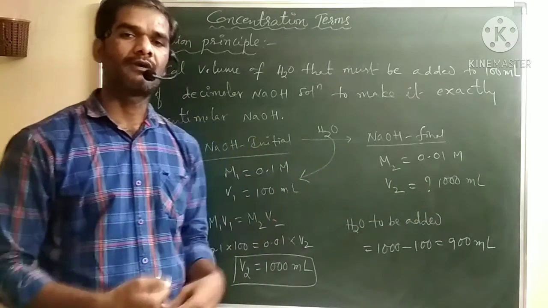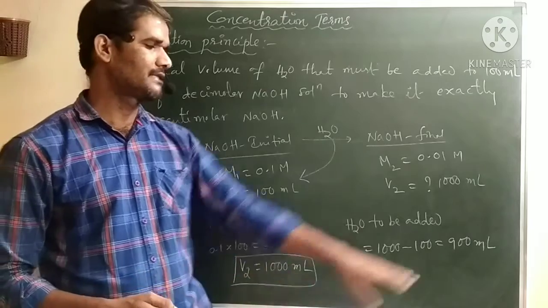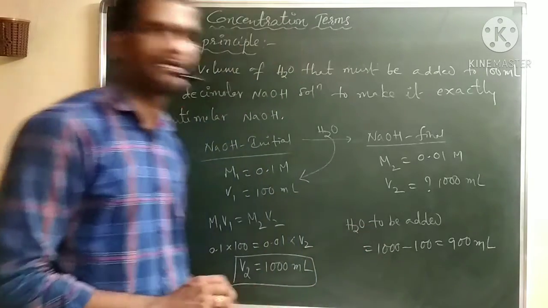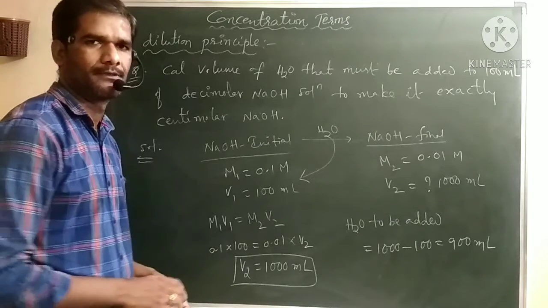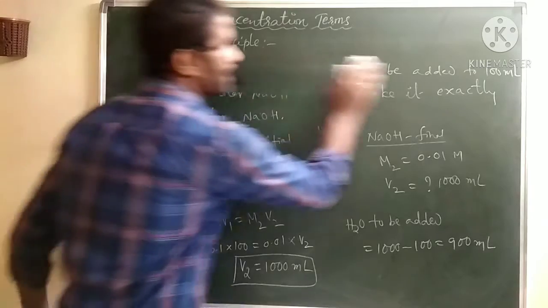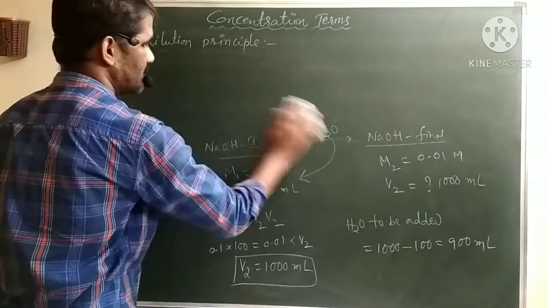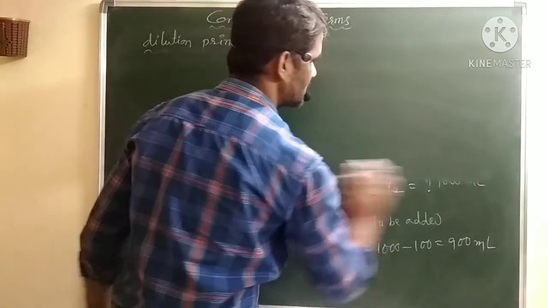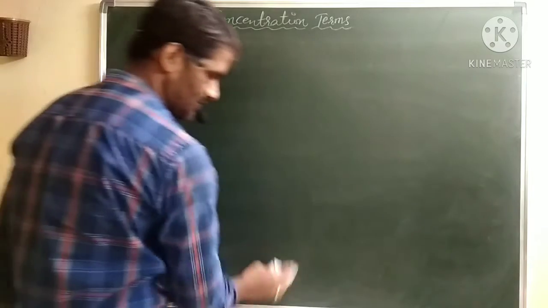If they ask how much water is to be added, it is 900 ml. These are some models related to the dilution principle. Next we have one more concept related to molarity, that is molarity of mixture.